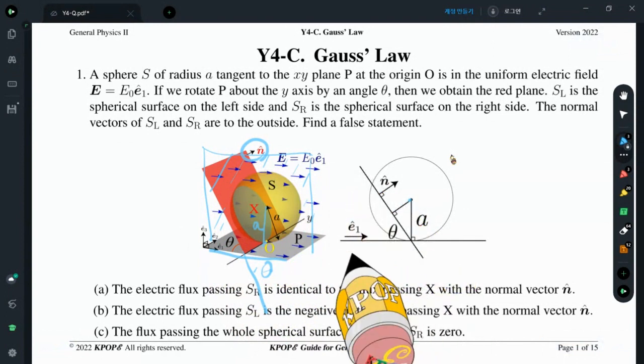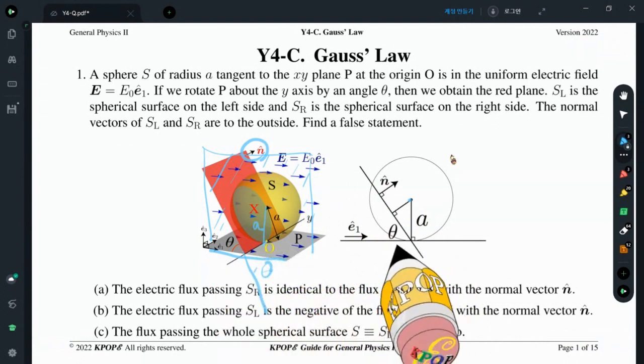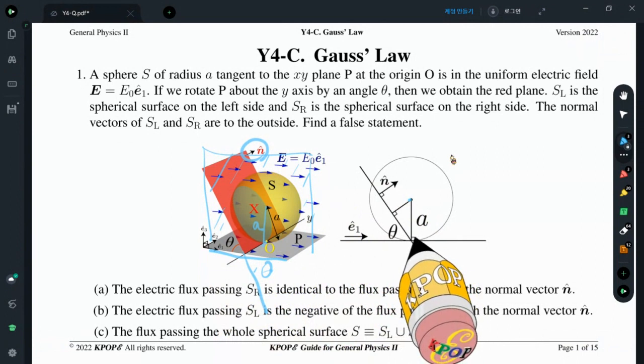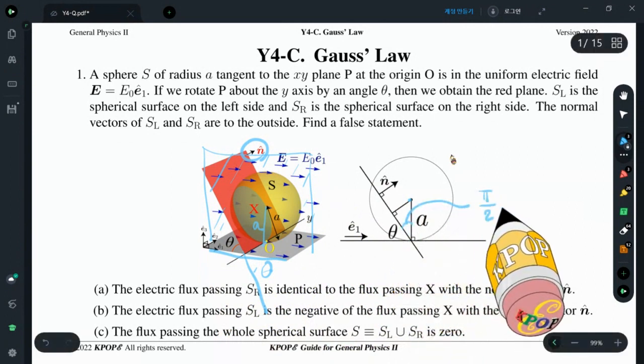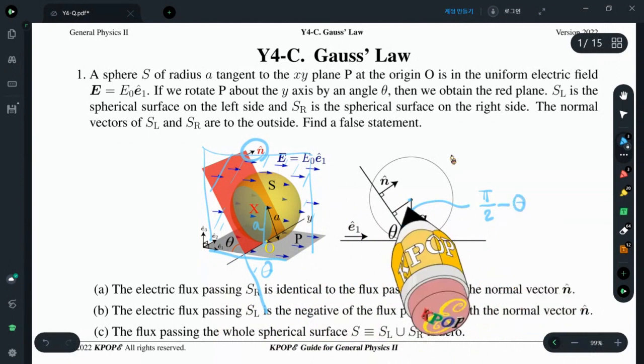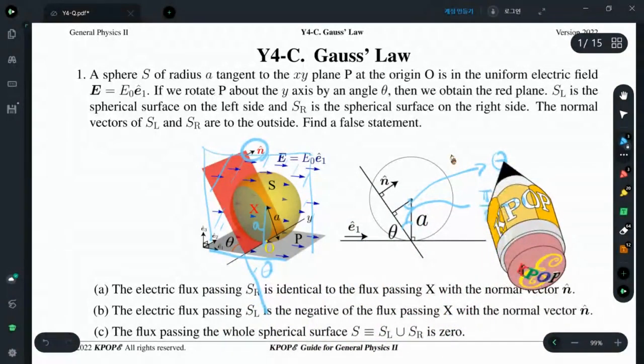Now the situation is understood much better. So this is an angle, this is a right angle. This should be 1/2 pi minus theta. Therefore, this guy is theta.